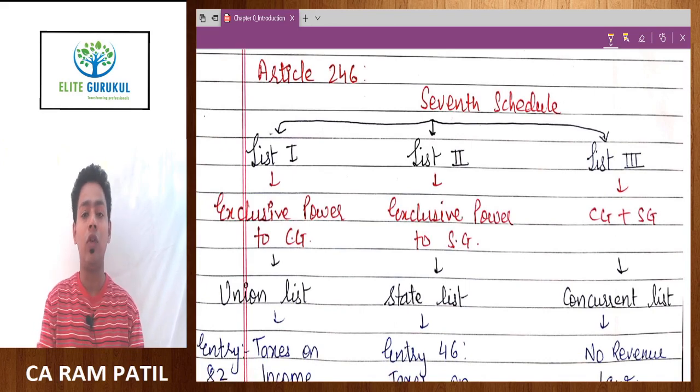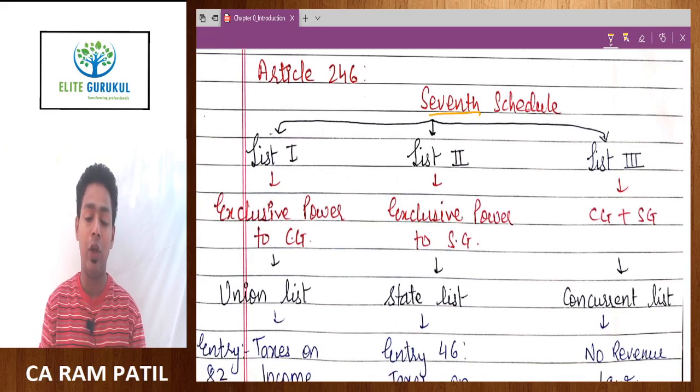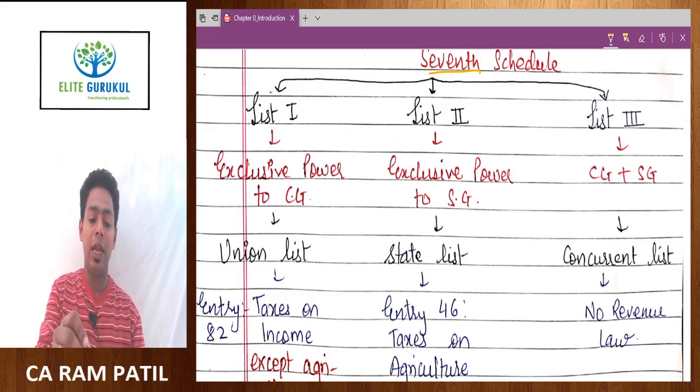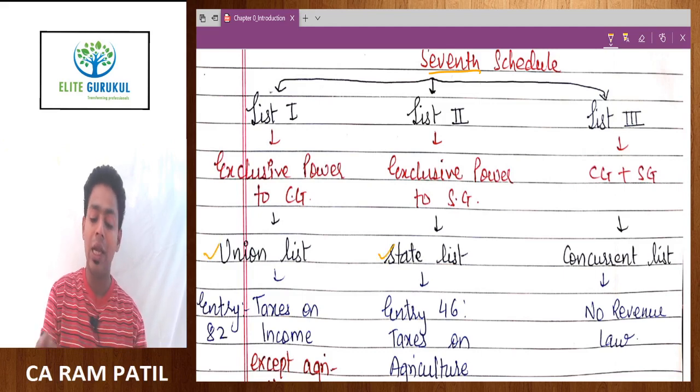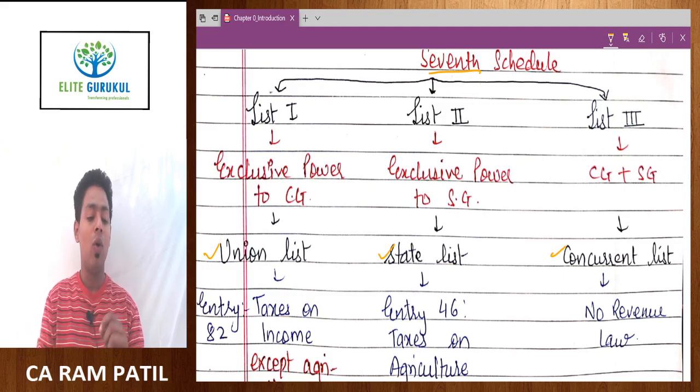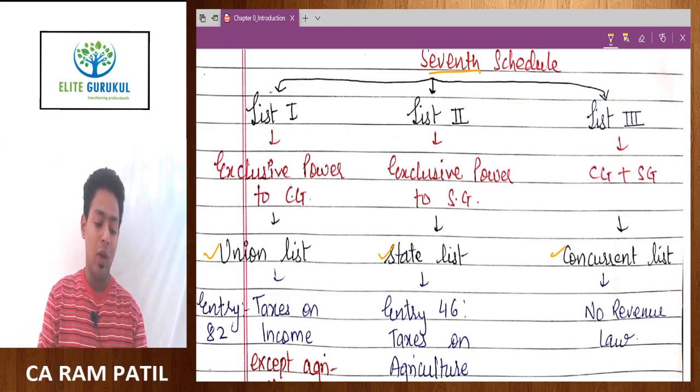To support article 246, they have created the 7th schedule. The 7th schedule is further divided into 3 lists: list 1, list 2, list 3. The name of list 1 is the union list, the name of list 2 is the state list, and list 3, you already know, is the concurrent list. Now what is there in list 1?